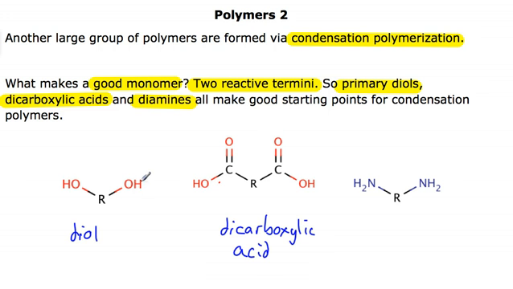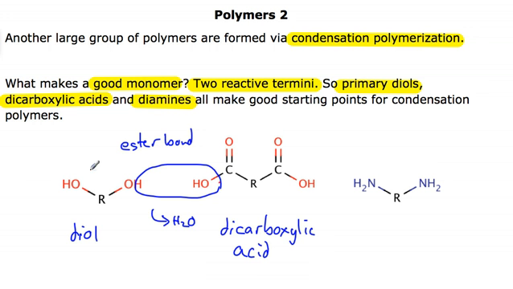And so that OH group and the OH group of the dicarboxylic acid react. So we get off water, condensation reaction, and we form that ester bond between the alcohol and the carboxylic acid.